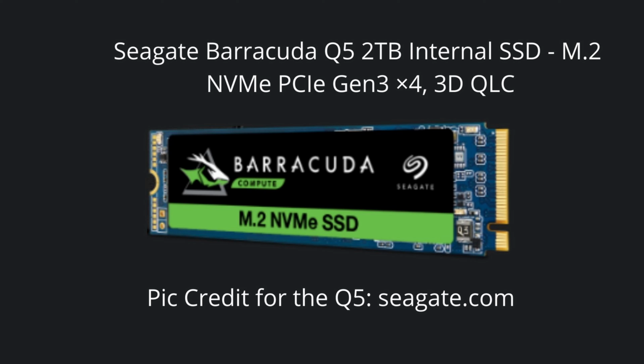And it's got one other slot available for another NVMe, so you can get some additional fast storage. Such as the Seagate Barracuda 2 terabyte would work great in there.